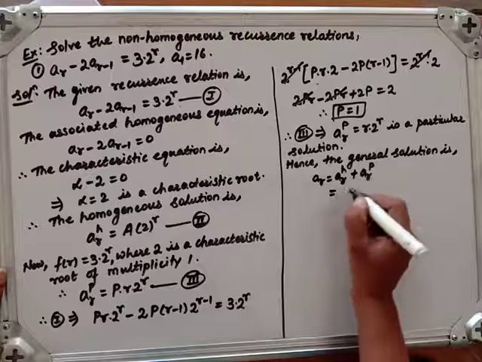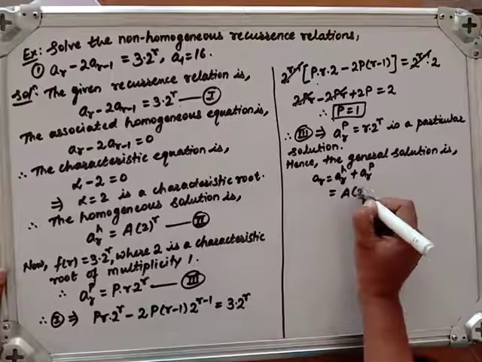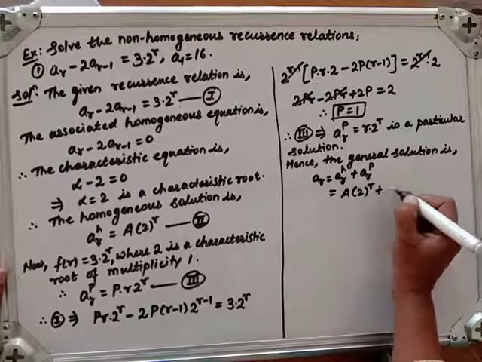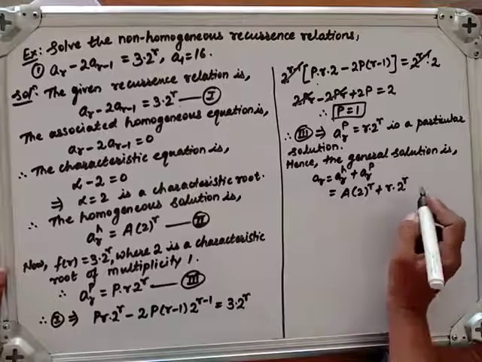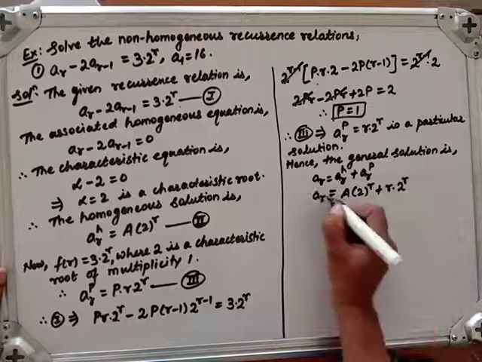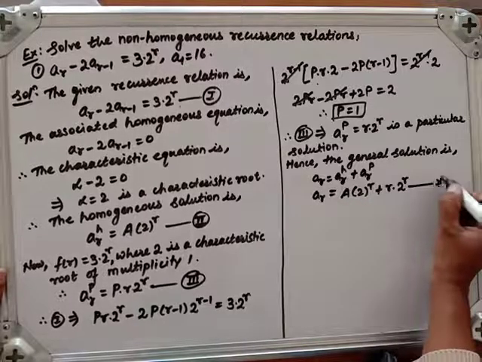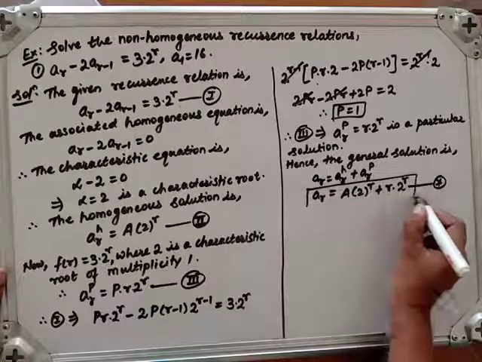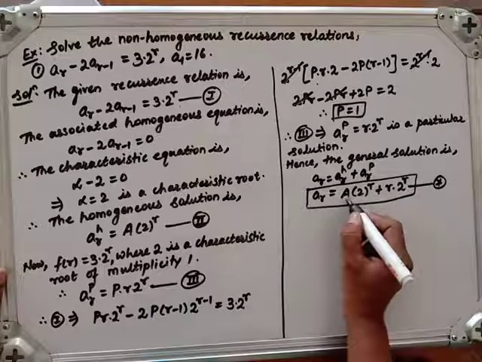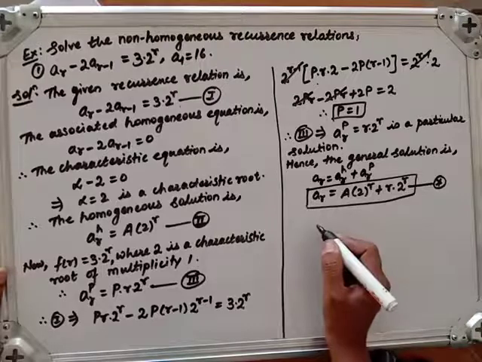So a_r is A into 2 raised to r plus r into 2 raised to r. Let it be star, or this is the general solution. Now from the initial condition we have to get the value of A and substitute it there.